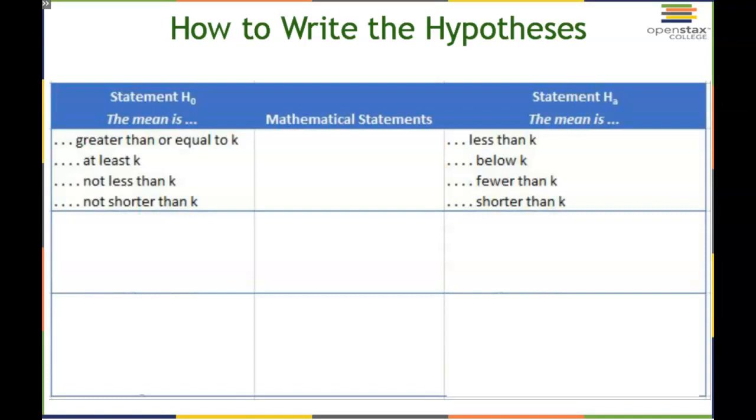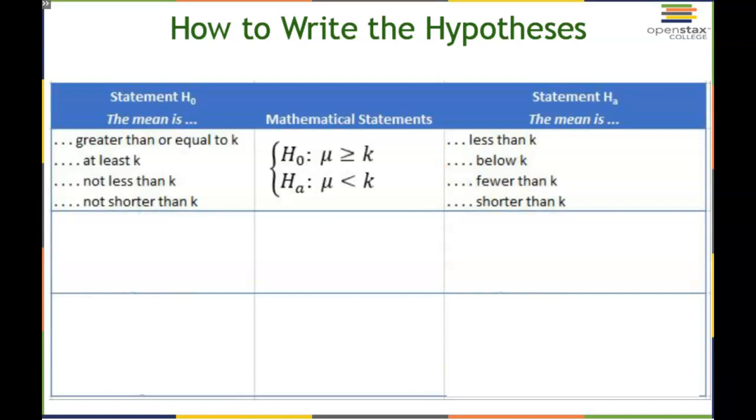If the statement of H0 is the mean is not less than k, then the corresponding HA statement would be the mean is fewer than k. And there are lots and lots of other pairings of these. The meat of the problem is the mathematical statements. You never will have an H0 without an HA. You will never have an H0 without some equality in it.